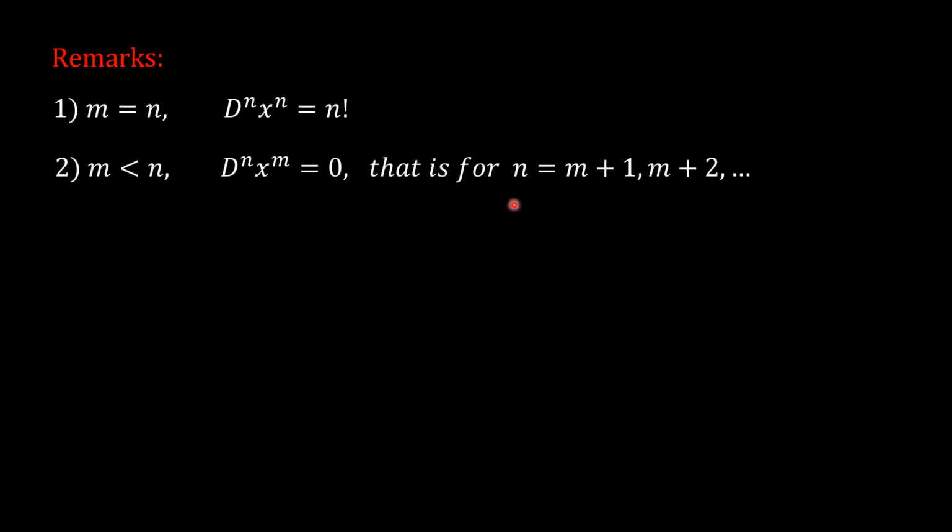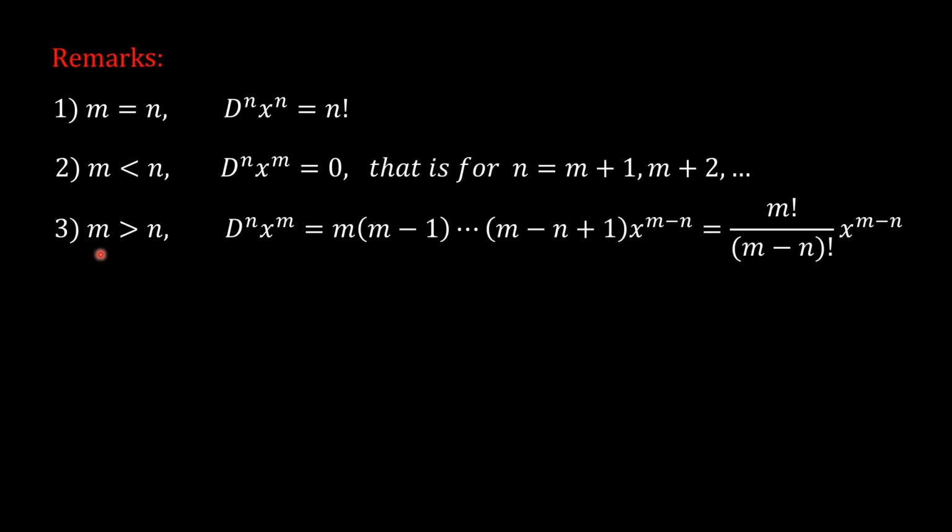That is, n will be n plus 1, n plus 2 and so on, greater than m. In that case, the nth derivative of x raised to m will always be equal to 0. These things are very helpful in solving the examples related to polynomial functions.